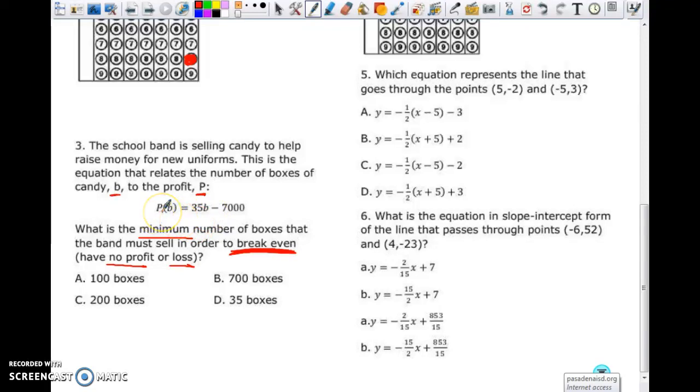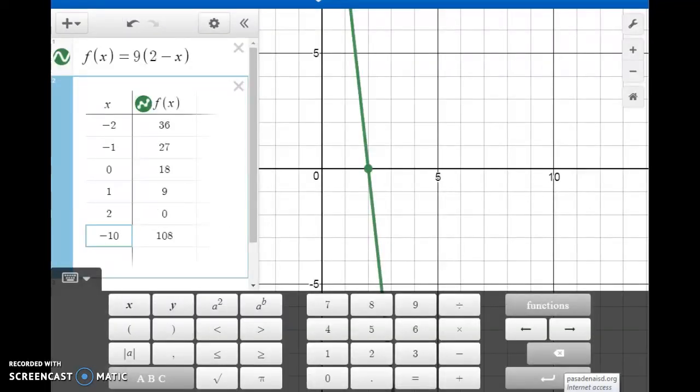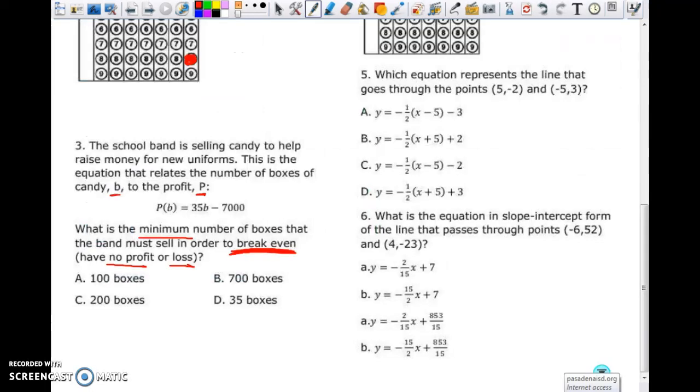So let's put in our equation. Again, let's not use P of B; let's use f of x. So this is our f of x. Wherever we have B, we're going to put an X. It's the same thing.